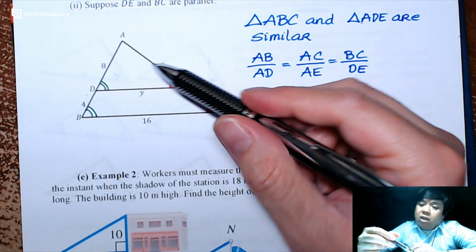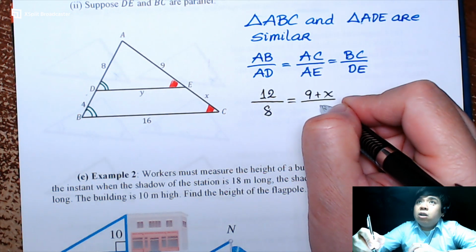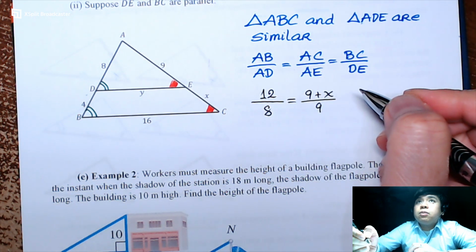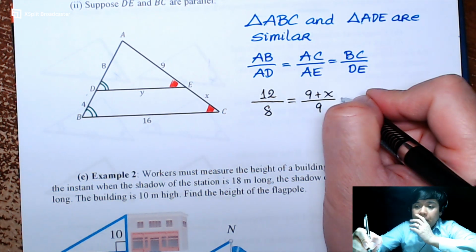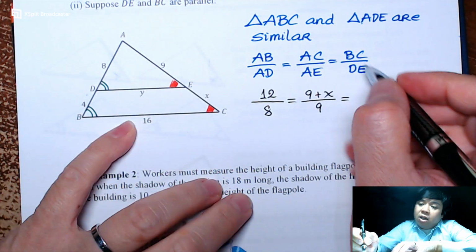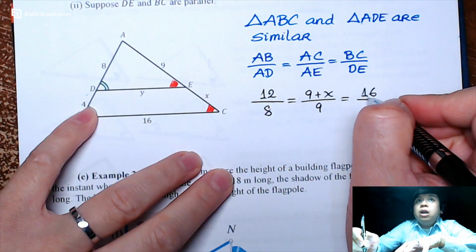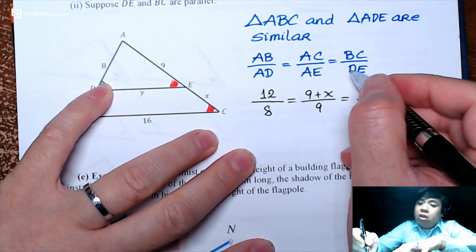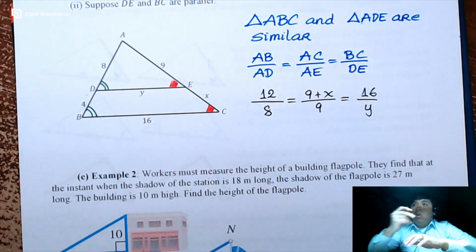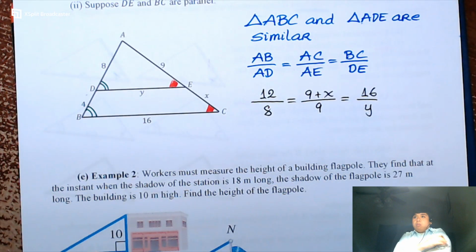AE is 9. BC is 16, and DE is y. So the ratios of corresponding sides are the same. So the sides are proportional.